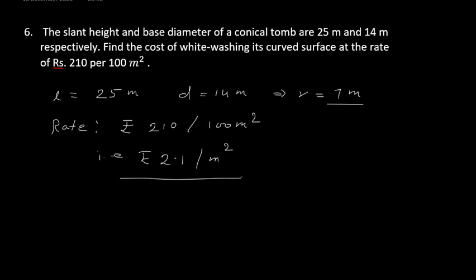Fine. So sometimes it may be required to change the rate also. Here again we require the curved surface area, and then that area we will multiply by 2.1. So here SC is pi r l, that is 22 divided by 7 into r is 7 into length is 25.